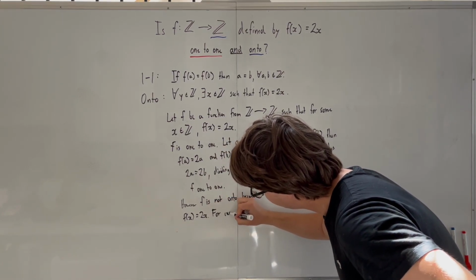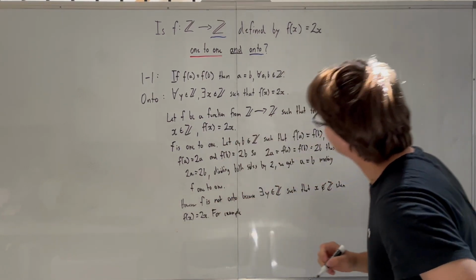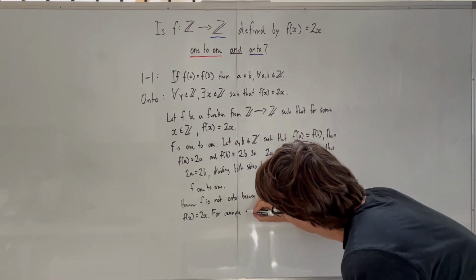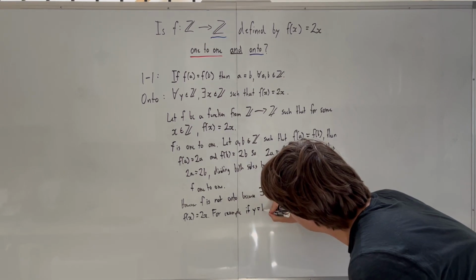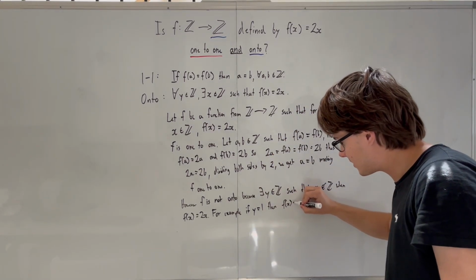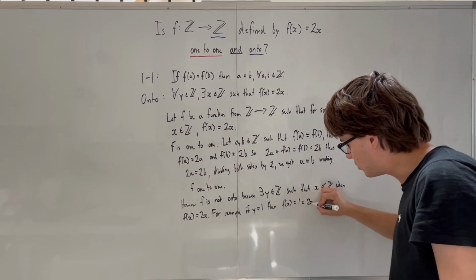For example, and of course here we can use our example that we came up with earlier, if y is equal to 1, then f of x is equal to 1, which is equal to 2x.